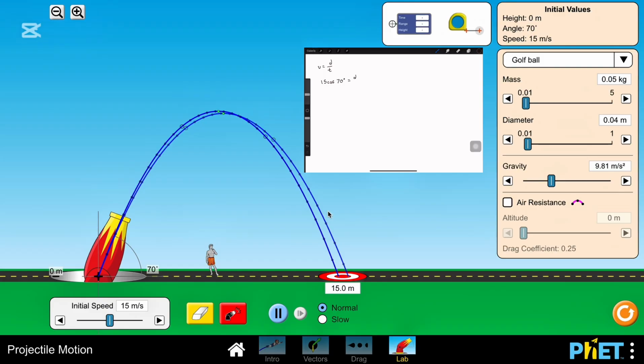equals d over, and we know that our time is 2.8737. So 15 cosine 70. This one over here is dividing, so it goes to the other side multiplying, and that is equal to d. So we type that into our calculator: cosine of 70 times the time.